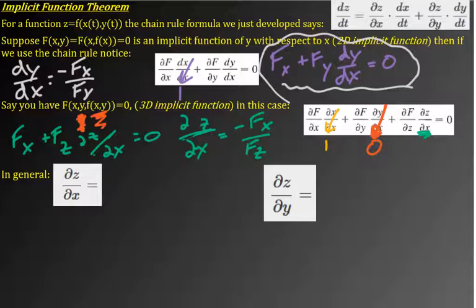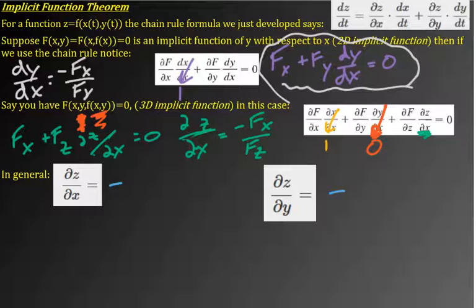But the pattern that I want you to see is that there's always going to be a negative. And then there's sort of this diagonal effect going on. So x's, y's, or z's in this case. It doesn't matter which one you do, you're always going to get a negative.